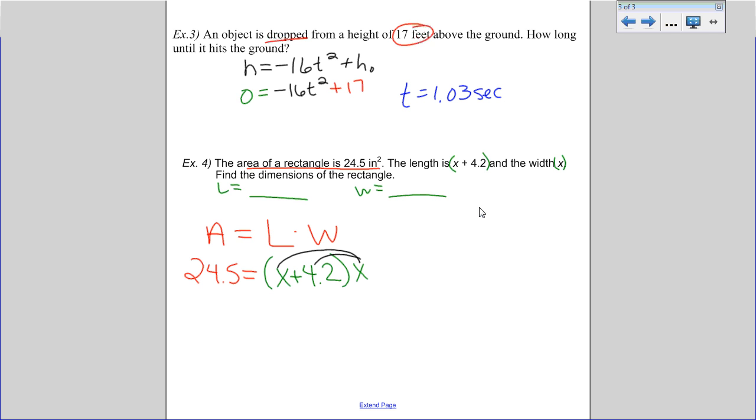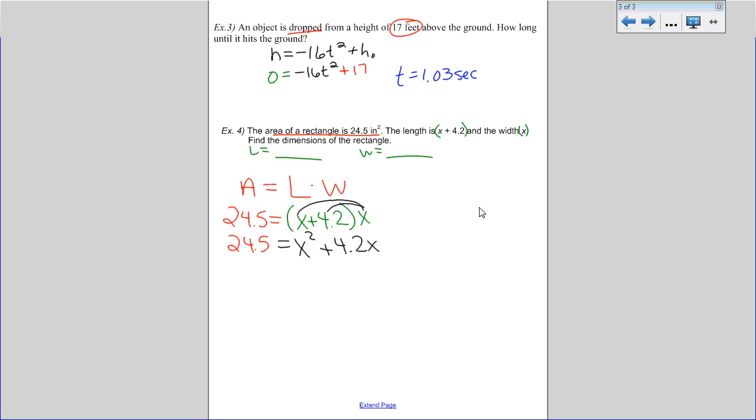I need to distribute. So I'm going to have x squared plus 4.2x. Well, it's similar to what we had on previous problems. I can't run my program unless it's equal to 0. How am I going to make this equal to 0? Minus the 24.5.